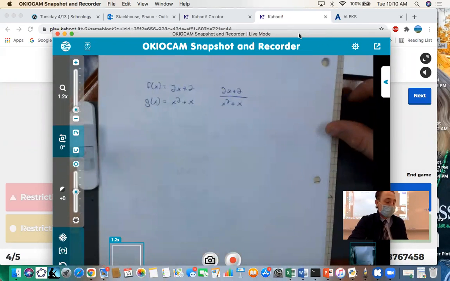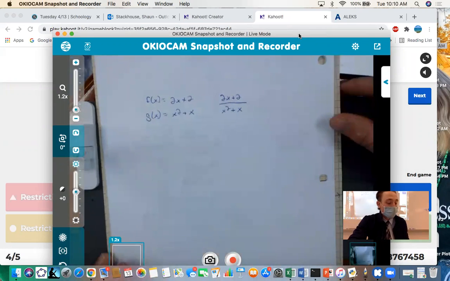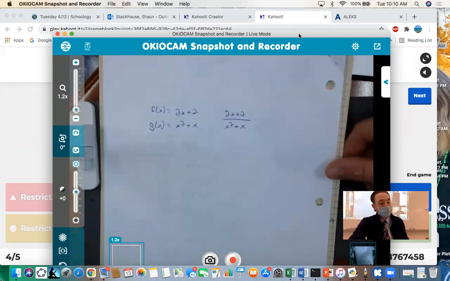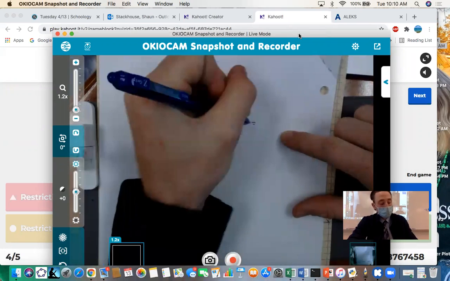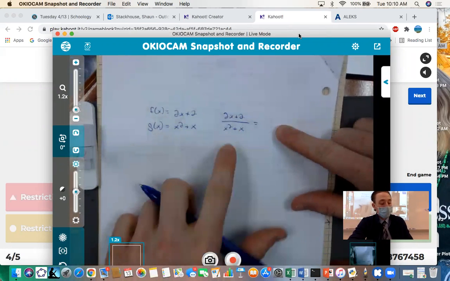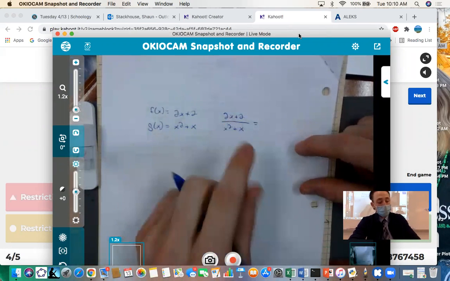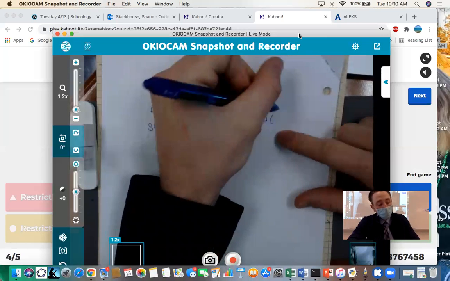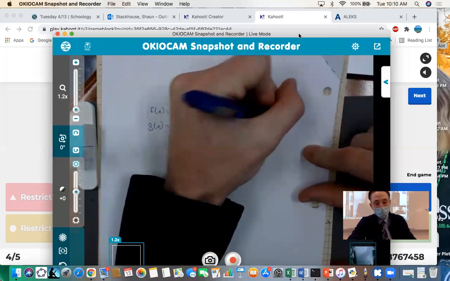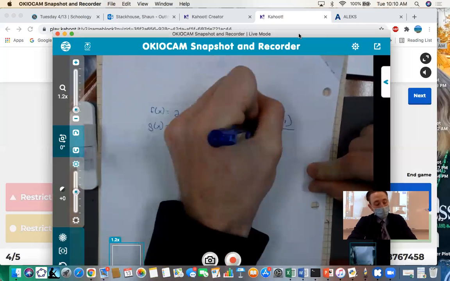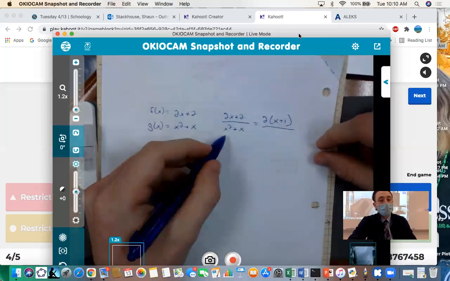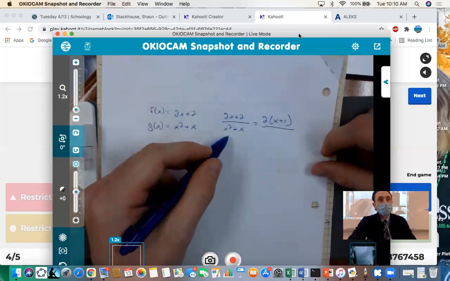What I told you guys to do is to make sure that you simplify before you state any restrictions. Well, take it numerator first, denominator second. I can take out a GCF in my numerator. In fact, I can take out a 2, which leaves me with x plus 1. I can do the same thing in my denominator. What can I take out of my denominator as GCF?